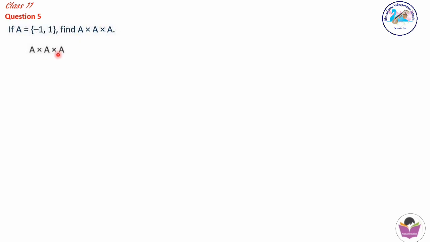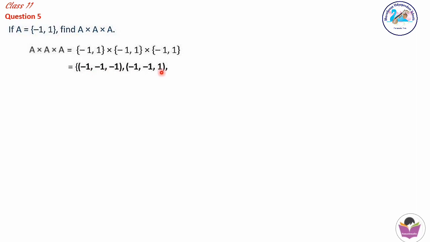So A is the set {-1, 1}. So {-1, 1} cross {-1, 1} cross {-1, 1}. Let's write it out. I am taking the first elements: -1, -1, -1. So I have written (-1, -1, -1). Next, again -1, -1, and here the second element I am taking: (-1, -1, 1). That is the first pair I have written.